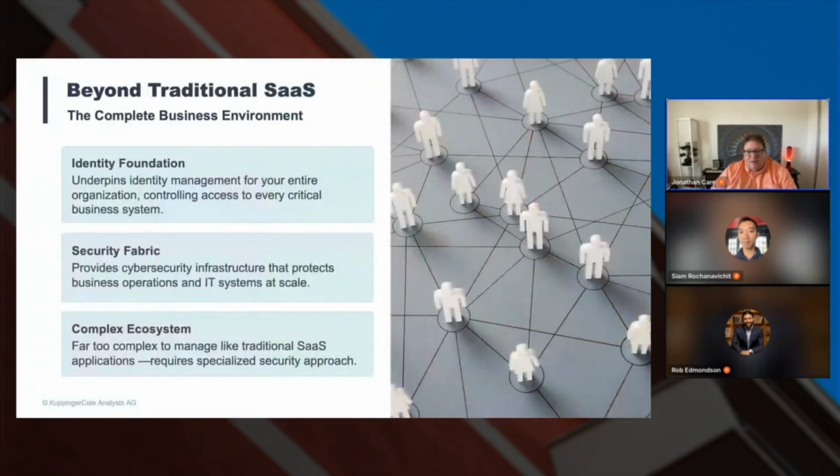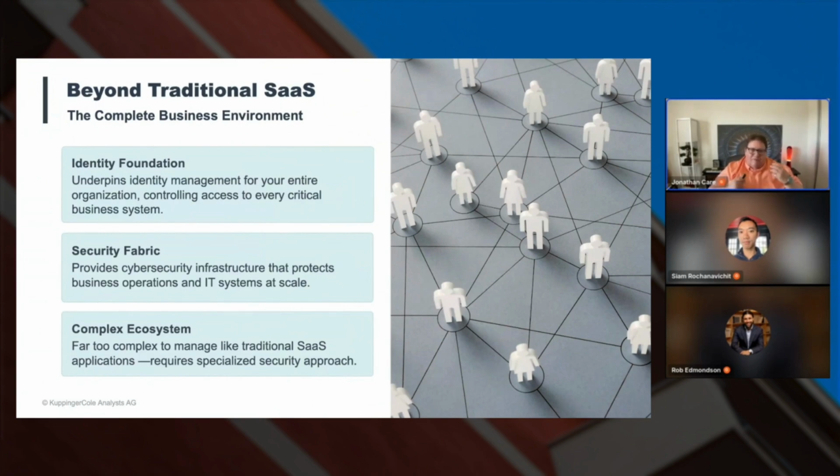As I said, we need to think beyond traditional SaaS. We need to think about the complete business environment. Microsoft 365, as I've said, is no longer just a collection of apps, but is the very infrastructure supporting modern business. So let's look at three key points in that. The first is the identity foundation.